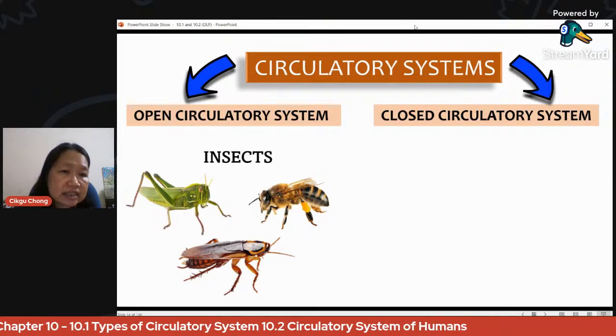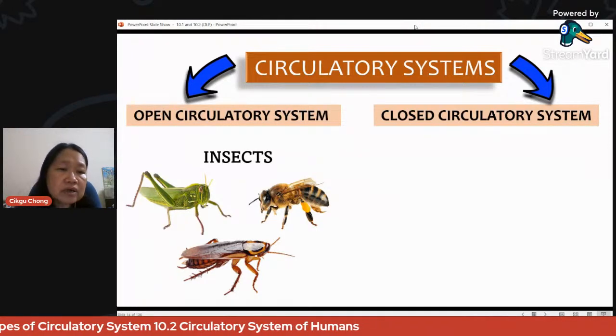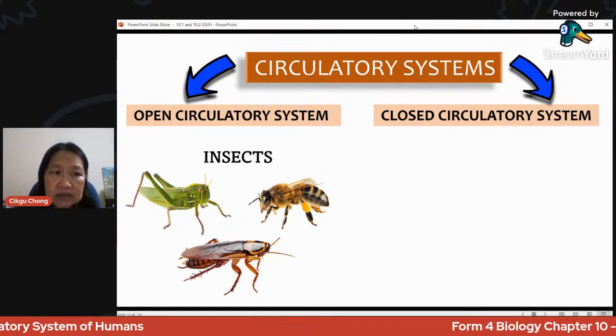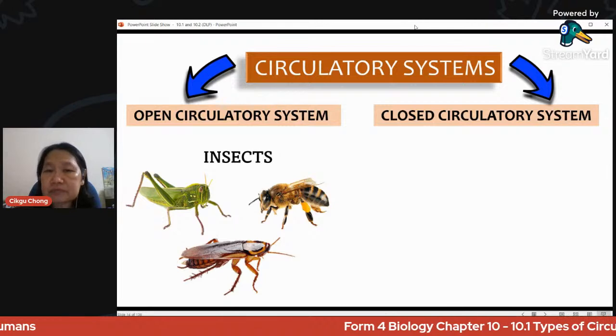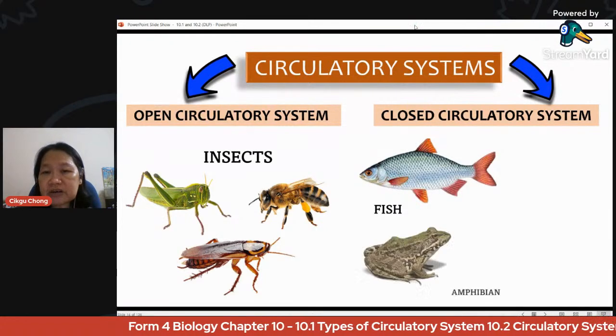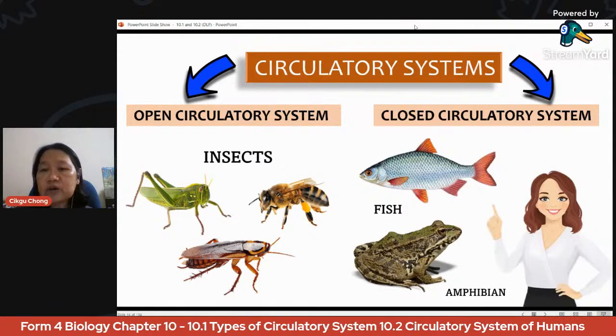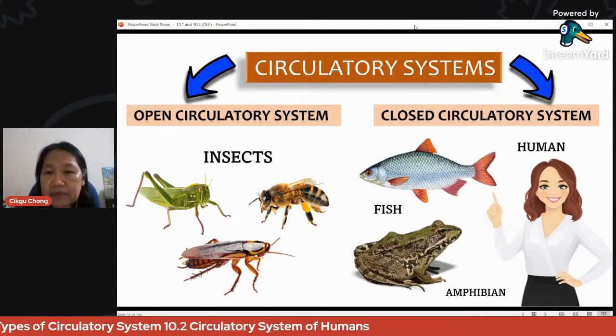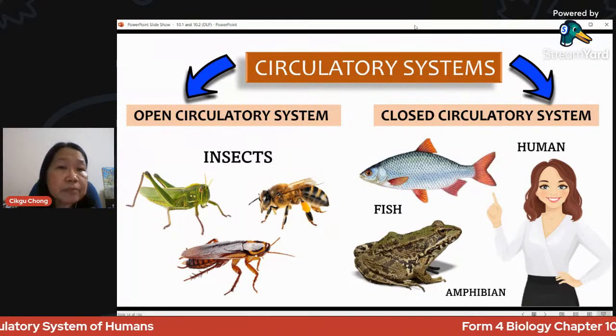So here for the insects, let's give an example for the grasshopper, the cockroach, and the bee here. They are insects. They have open circulatory system. And for closed, we will explore a few examples. Fish, all right, then you have amphibian, and you also have the human. So we're going to compare the circulatory system for these 4 organisms first, before we go into the 10.2.